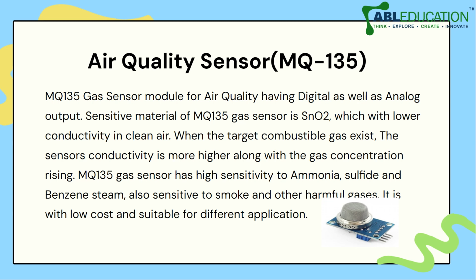The sensor's conductivity gets higher as the gas concentration rises, because it detects more impurities when gas is present in the air. The primary use of the MQ135 gas sensor is to detect ammonia, sulfide, and benzene steams, and it is also sensitive to smoke and other harmful gases.